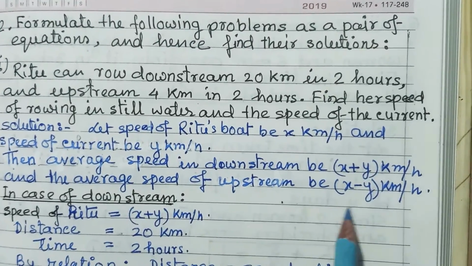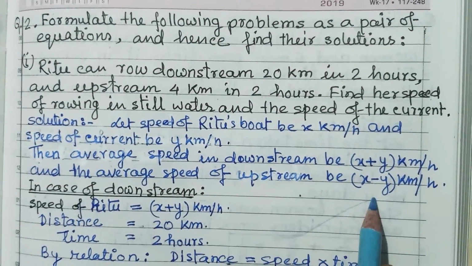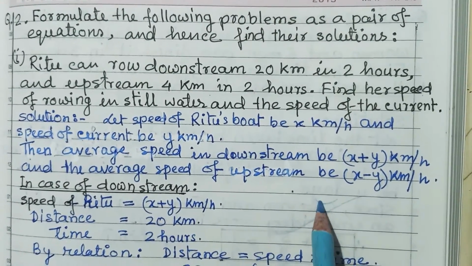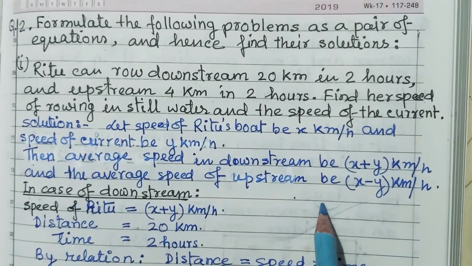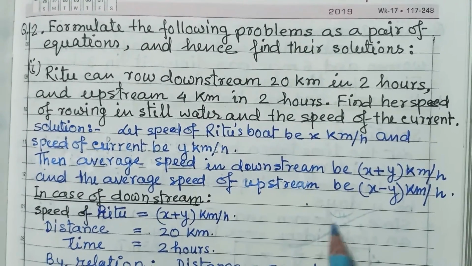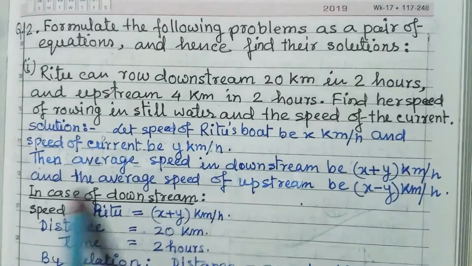When in a river, suppose a boat is going upstream. So the boat speed is more than the speed of the current. The current is coming downwards and the boat is going upward.